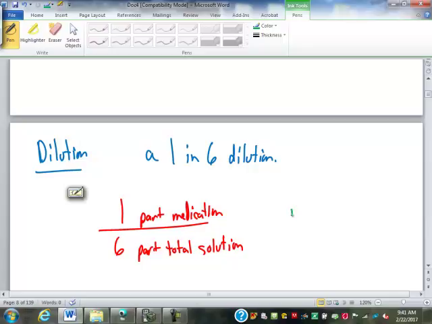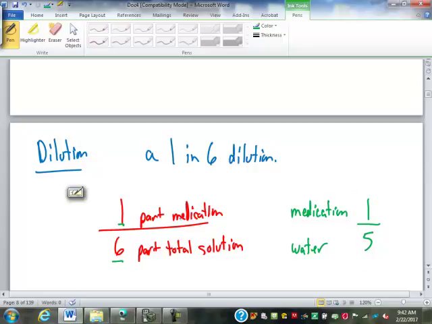If I want the ratio of medication to water, well, there's still only 1 part of medication. How many parts of water are there? There's 6 parts total and 1 part's medication. 5. 6 minus 1. So you can see the ratio of medication to water is 1 to 5.